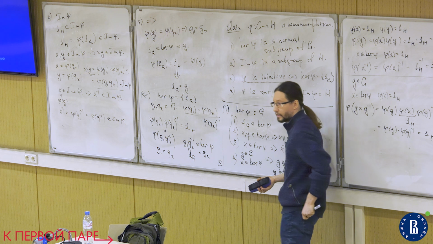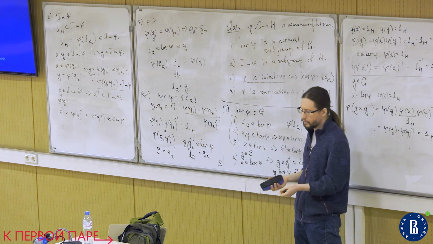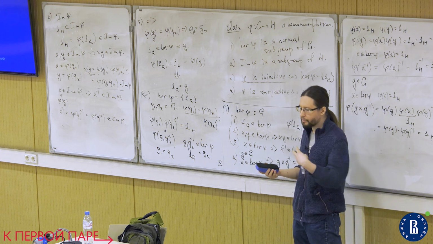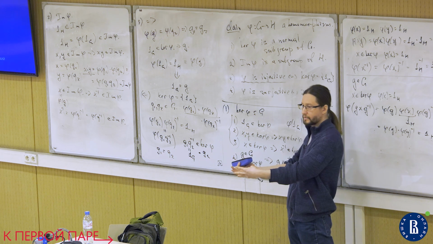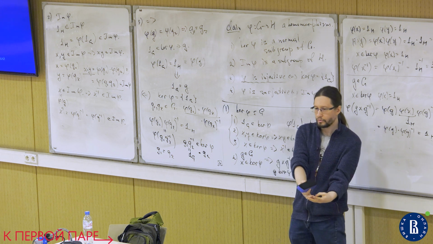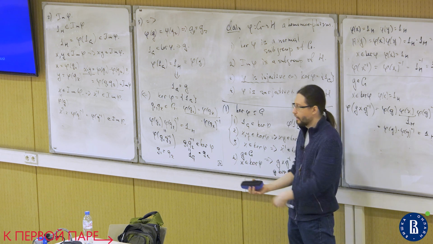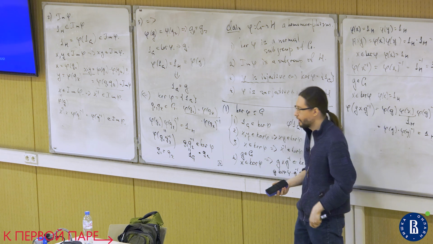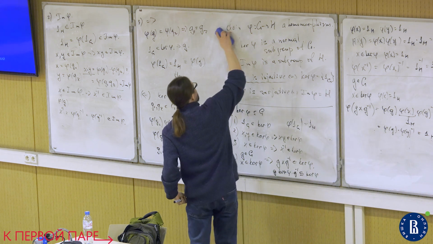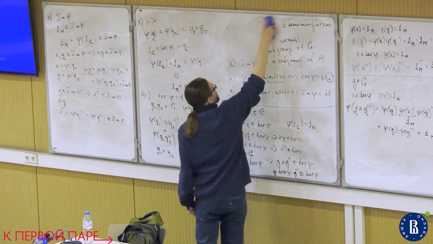Well, this is not an easy task. It's very convenient when you have some operation which allows you to produce new groups. For example, if you have two groups, you want to produce a new group using these two ones. And there are many different operations in algebra how to produce different groups. And I want to introduce the simplest one, which is called a direct product of groups.